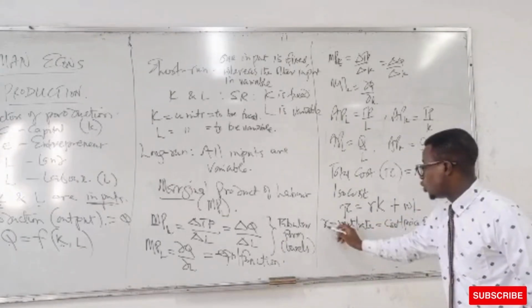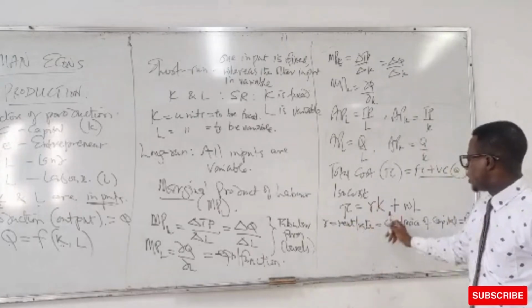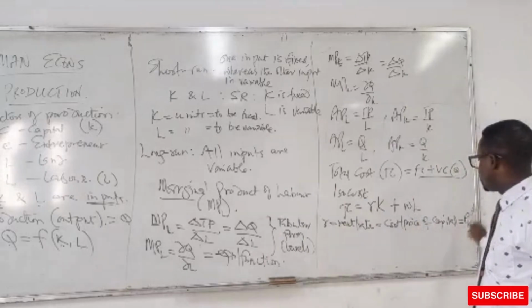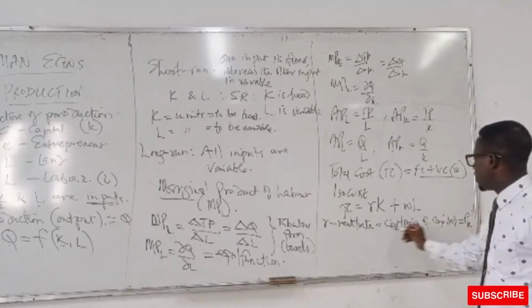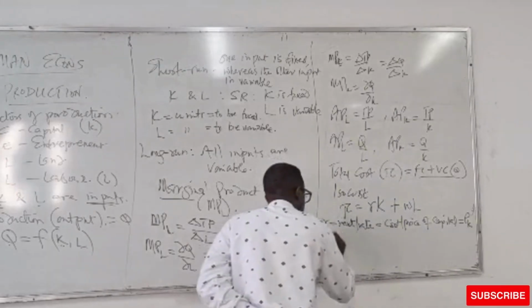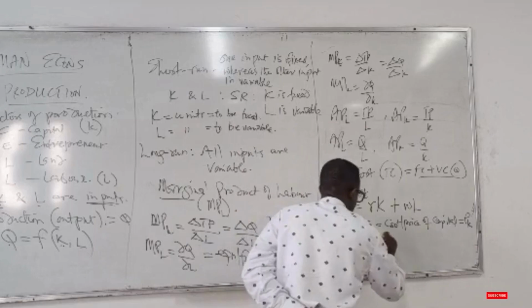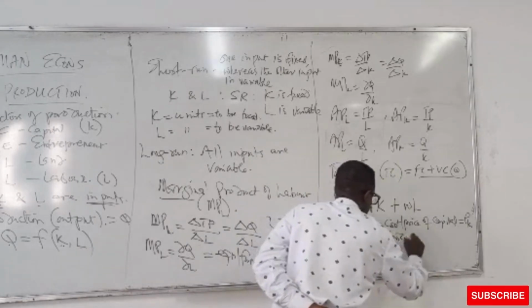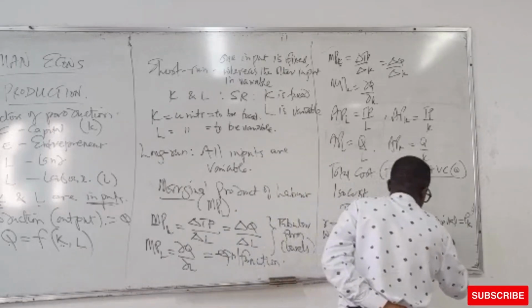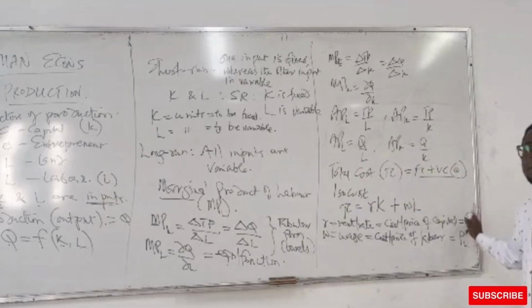So we have R, which I will see probably often, equals rent or rate equals cost or price of capital equals PK. So the PK can represent any of these. Then we have the wage, which equals the cost or price of labor, which is equal to PL.